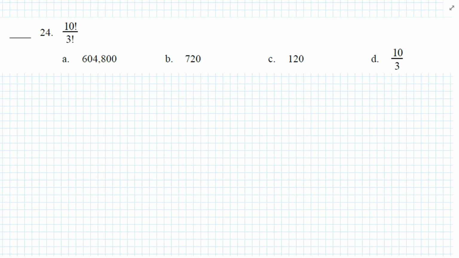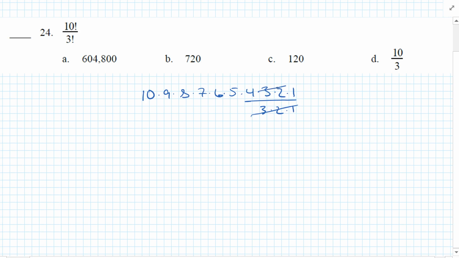Okay, 10 exclamation point over 3 exclamation point. Okay, let's see what that's going to look like. What this is saying, basically 10 times 9 times 8 times 7 times 6 times 5 times 4 times 3 times 2 times 1 over 3 times 2 times 1.